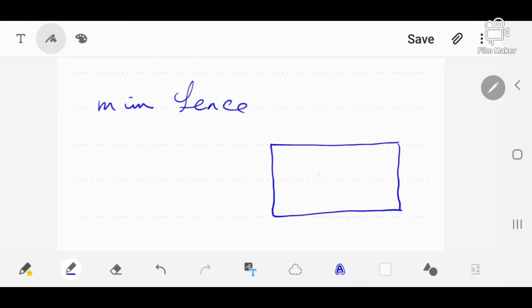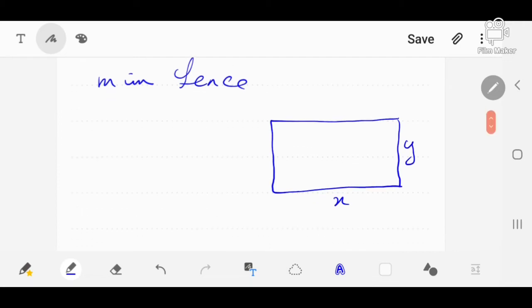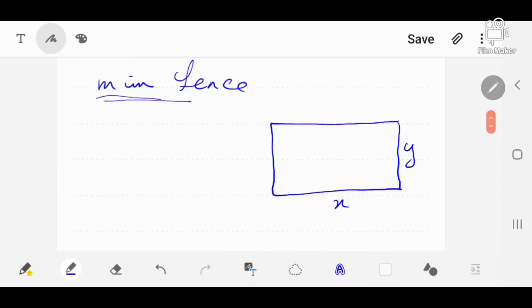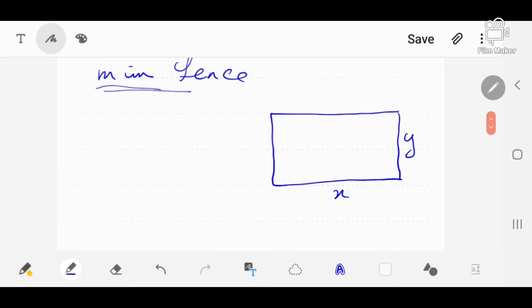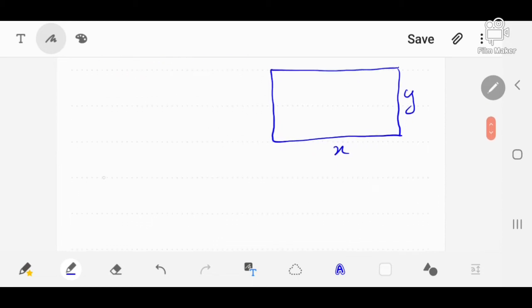Let's say, since I don't know the dimensions, I'll give them names, x and y. And I need the minimum fence, so I'm talking about the perimeter of this rectangle. So what's the perimeter? The perimeter is equal to 2x plus 2y. And is that enough? 2x plus 2y.